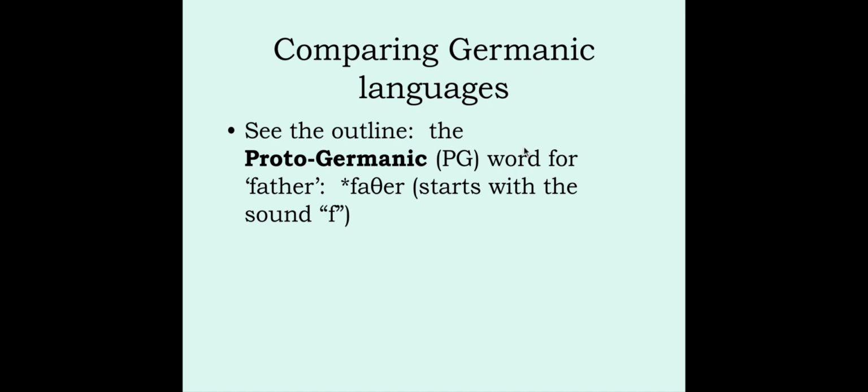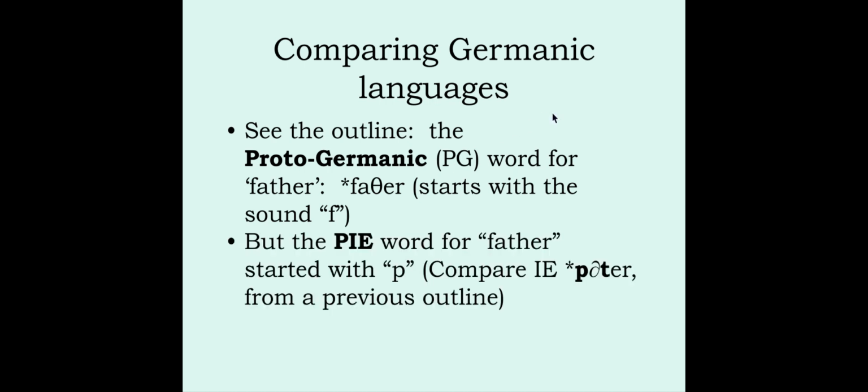So based on that, we can say that the Proto-Germanic word for father must have started with an F. And it's reconstructed something like this, Vater, with an F, and then with this theta here indicating a TH sound. However, remember, the Proto-Indo-European word for father started with a P, right? We reconstructed the Indo-European word for father, and it actually started with a P on a previous outline.